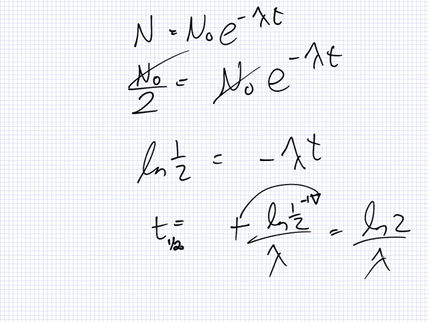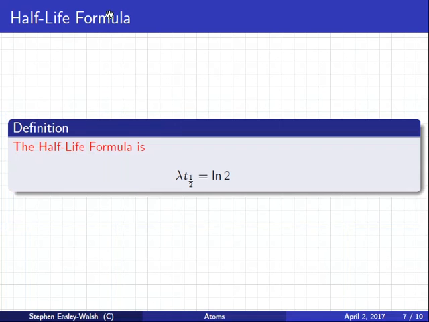Got that, guys? I don't know why I did that. Why didn't I just put the lambda on the other side? Oh, maybe because that's how it is in the formula book for some reason. Looking at this should make it clear that lambda is in units of per second, because time is in units of seconds, and you don't want any units on the left because you don't have any units on the right.